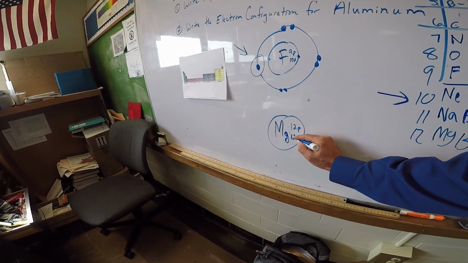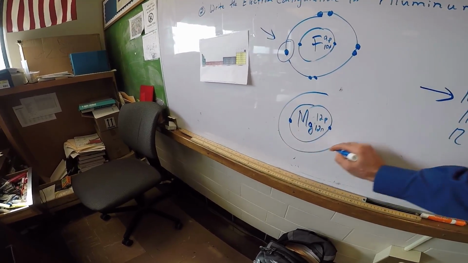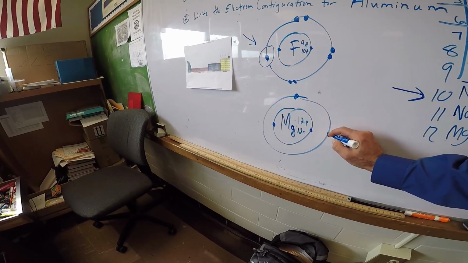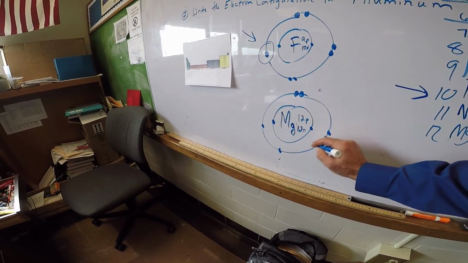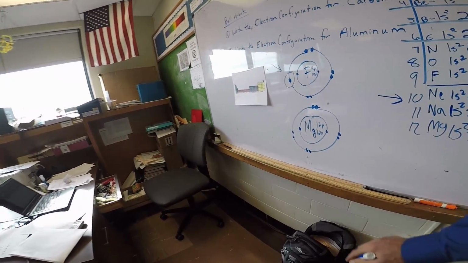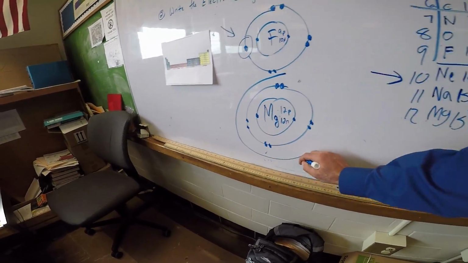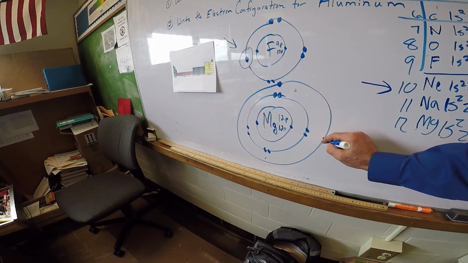Now we have electrons in place. 1, 2, 3, 4, 5, 6, 7, 8, 9, 10. 8 and 2 is 10, right? And in our next energy level, we're going to have 1, 2. Is everybody clear?